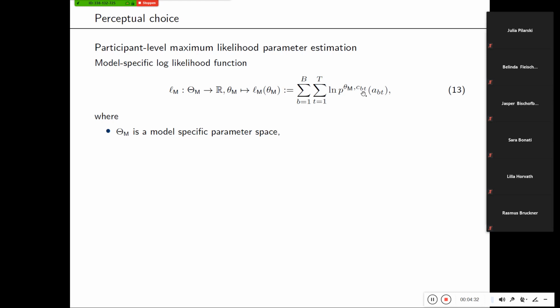So we know the contrast differences, and conditional on the contrast differences, we then look at the probability of a certain action. And as I've shown you before, we have derived this implicit distribution of the probability of one action given a contrast difference based on the definitions of our agent and behavioral models. Then we assume independence so that we can actually sum over the logs of these probabilities.